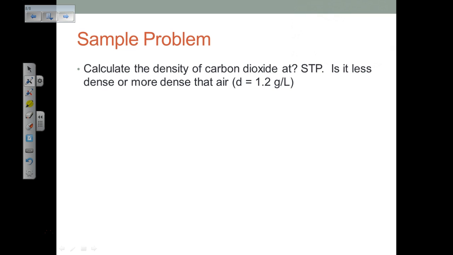Where we're trying to calculate the density of carbon dioxide. So look at this. Here's our STP. That's a good sign. So let's write what we know. Standard temperature.